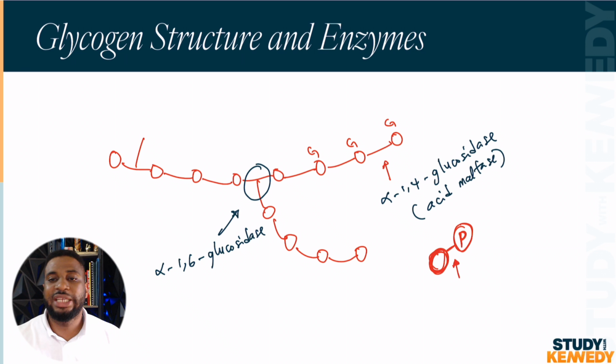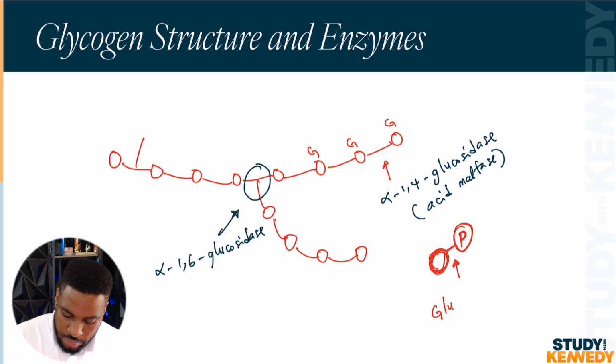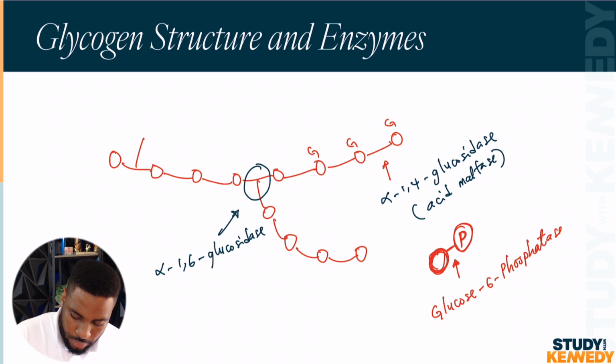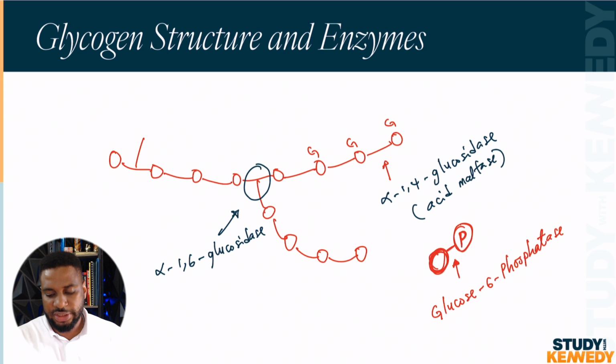And what do you think that enzyme is going to be called? That's a phosphatase enzyme, glucose 6-phosphatase. So we've seen three important enzymes: alpha 1,6-glucosidase, alpha 1,4-glucosidase, and glucose 6-phosphatase. These are the three I need you to remember right now.